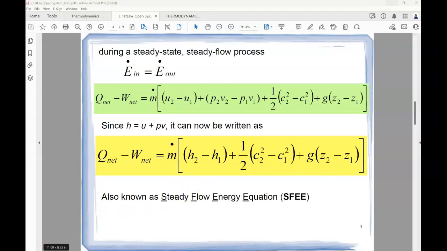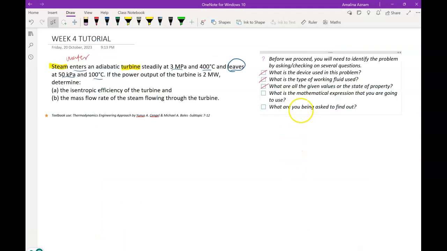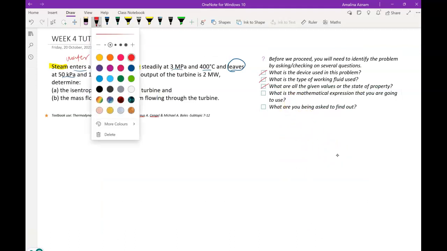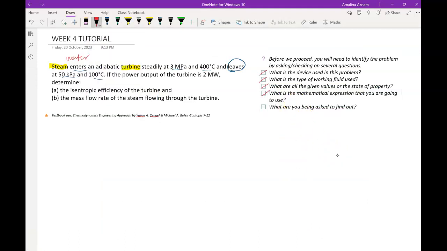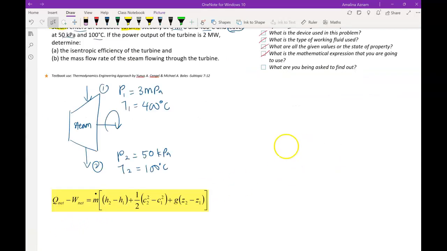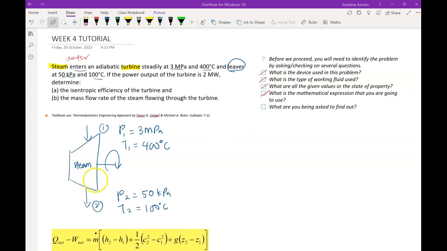Once you identify all the things that you need to list out, the next thing is that you need to sketch the device and also write down the mathematical expressions. I've already sketched the turbine over here, so you can see that the flow is from up to down, meaning that you have an expansion of pressure.